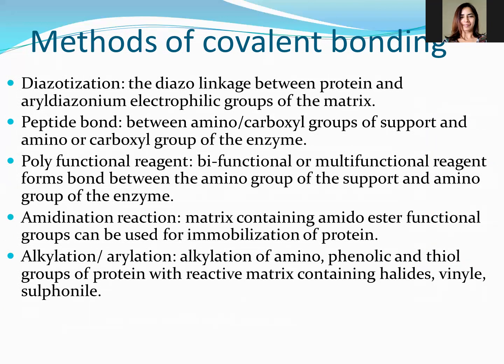In amidination, the matrix contains an amido ester functional group, which can be used for immobilization of the enzyme. In thiol disulfide interchange reactions, the protein binds via thiol groups of both the carrier and the protein. Alkylation and arylation methods are also used.